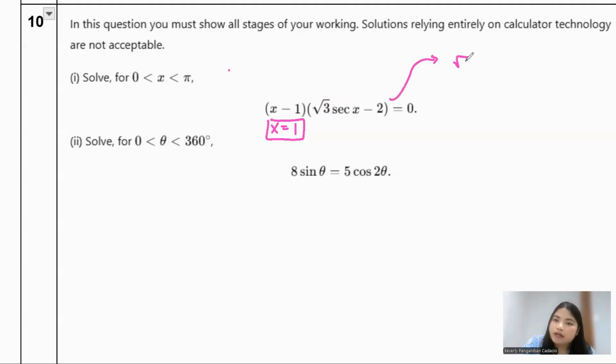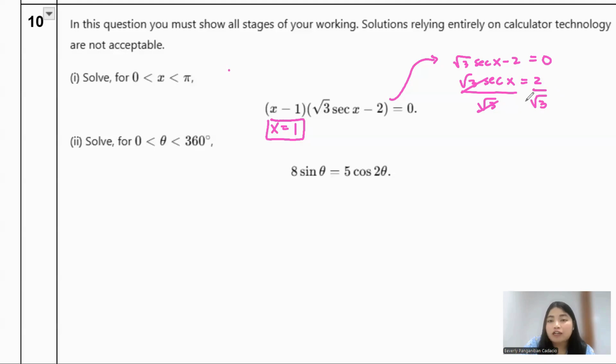But the first x will be this one, but for this one, let me write here. So you have root 3 sec x minus 2 is equal to 0. So let's put the negative 2 on the other side. It will become positive 2 and divide both sides by root 3 because I want to cancel it out. And then we have sec x is equal to 2 over root 3. Now, I cannot put sec in the calculator, but I can put the reciprocal of that.